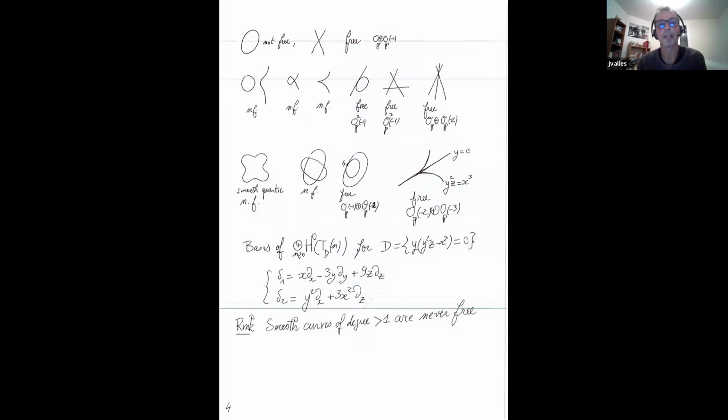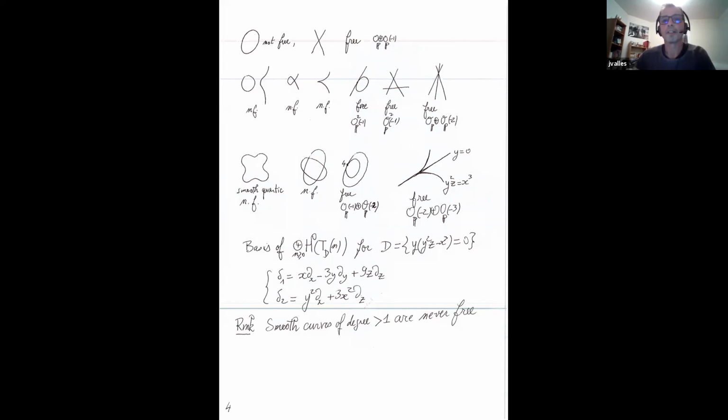And of course, if you restrict your attention or your study to line divisors, to unions of lines, or in general to hyperplane divisors, unions of hyperplanes in higher dimension, there is a strong conjecture by Terao in the 80s, saying that the freeness of a divisor is completely determined by the combinatorics of this divisor.